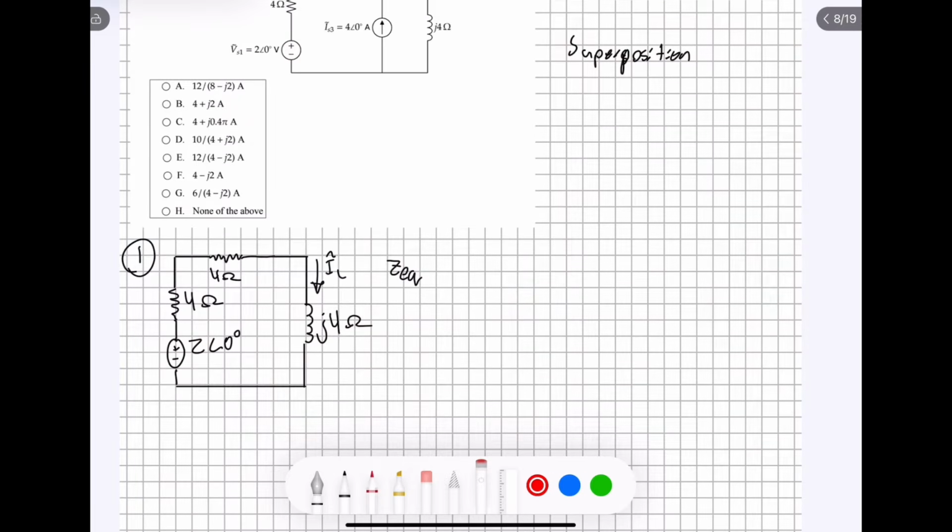In this case, the loads are all in series with each other, so we're going to use the bottom equation. So the equivalent impedance is going to be equal to 4 ohms plus 4 ohms plus J4 ohms, which in total is going to be 8 plus J4.